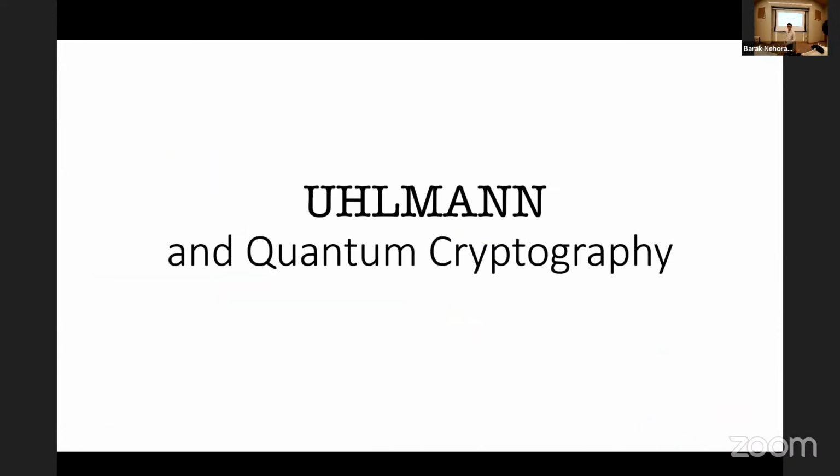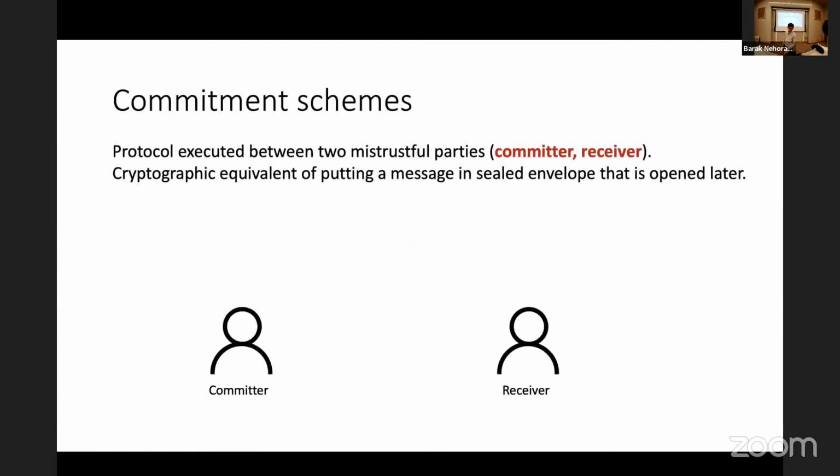So let's talk about the connection between the Uhlmann transformation problem and quantum cryptography. Already, the fact that Uhlmann is complete for unitary SZK gives you some indication that it's related to cryptography. But here's another connection. Let me talk about commitment schemes, which I mentioned before.